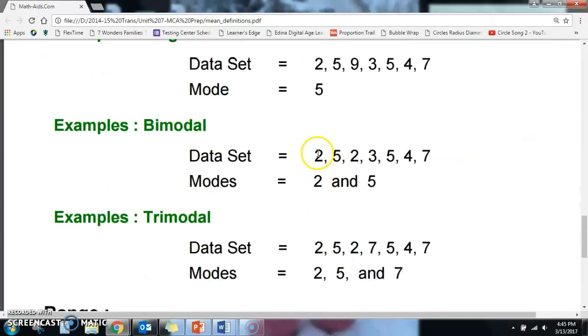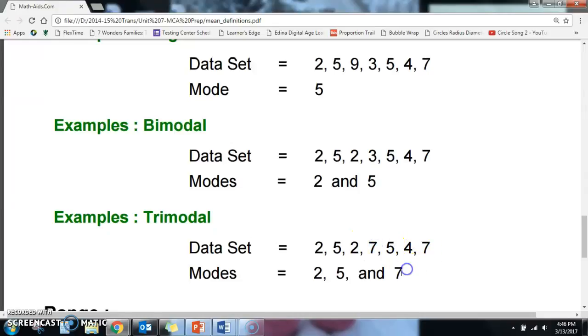In the next example, 2, 5, 2, 3, 5, 4, 7, you can see 2 is listed twice and 5 is listed twice. That means there's 2 modes. 2 and 5 would be the modes, and you would put both for your answer. And then in this last example, 2, 5, 2, 7, 5, 4, 7, there's 3 modes. 2 is listed twice, 5 is listed twice, and 7 is listed twice.